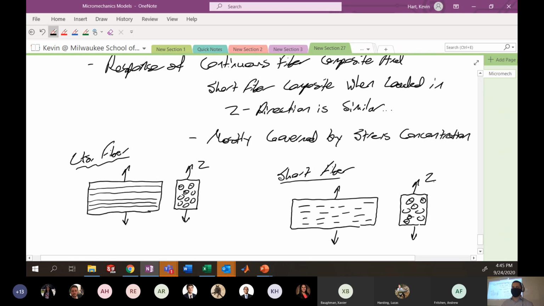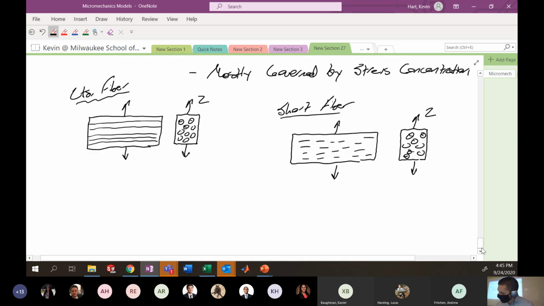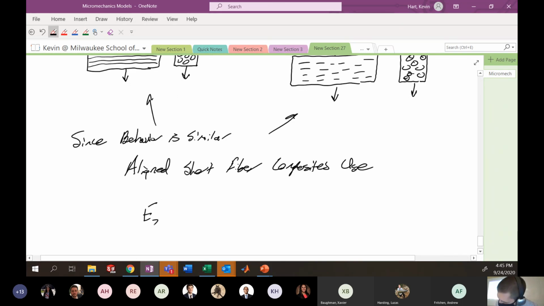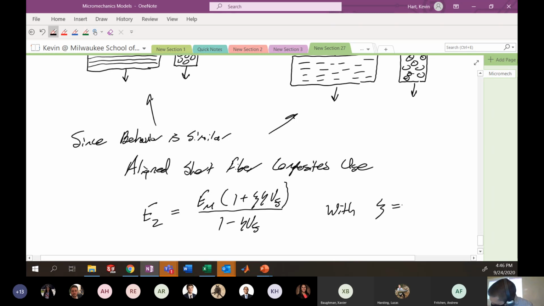Because of that, aligned short fiber composites use the same Halpin-Tsai equation when calculating modulus in the 2 direction. It's the same as continuous fiber.